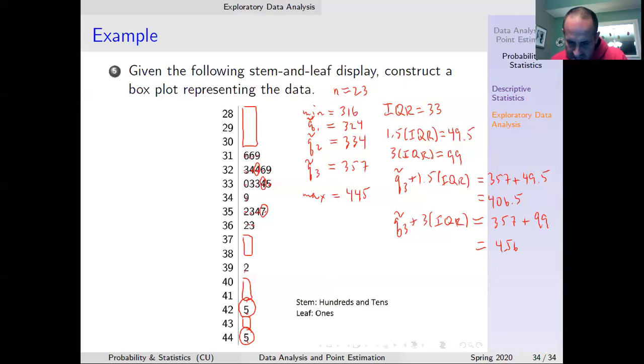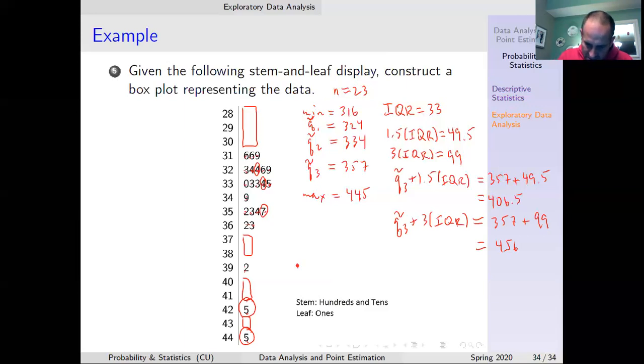Incidentally, I should have also computed Q1 tilde minus 1.5 IQRs. But if I go to 324 and subtract 49.5, I'm already below the minimum, so I don't even have to worry about suspected outliers on the lower end. So how's this going to work?